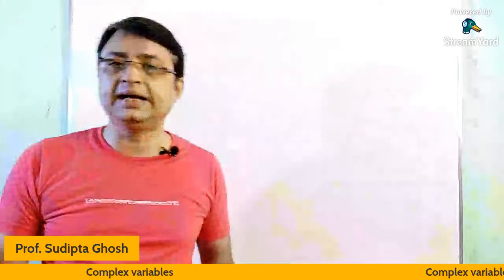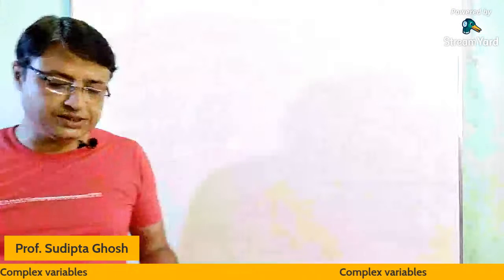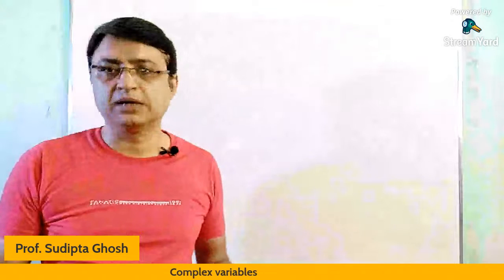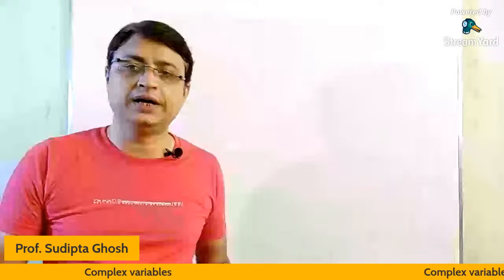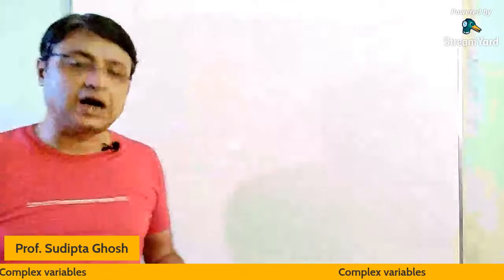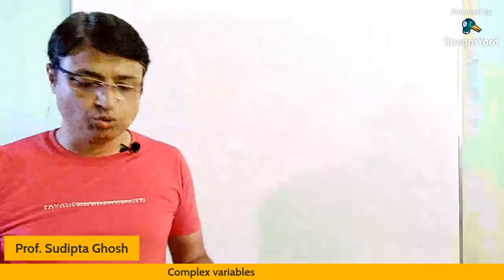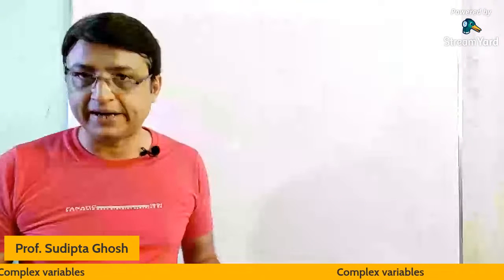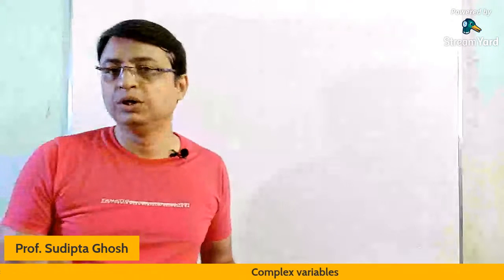Okay, Shikha, fine. So let's move on to the third property, and this property tells that in any analytic function w, which is actually u(x,y) plus j v(x,y), the family of curves given by u(x,y) equals k1 and v(x,y) equals k2 are orthogonal to each other.